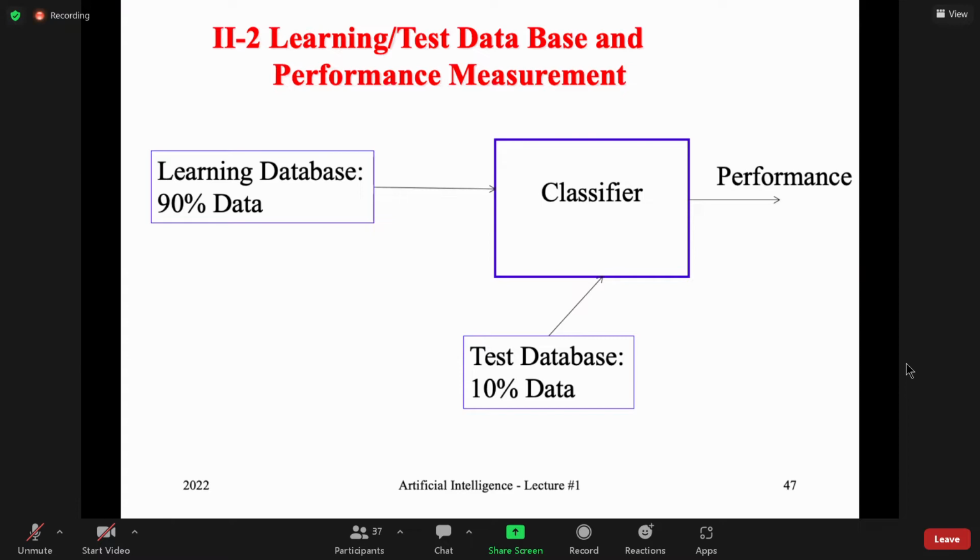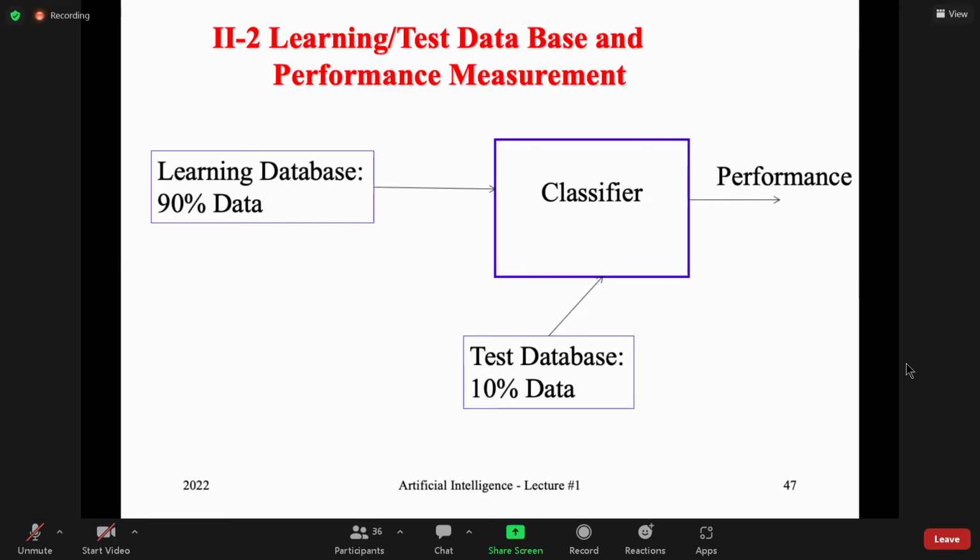Here we have the performance, with a simple example with triangles and rectangular objects. The performance was, for example, 100%. It's perfect. But in real life, it's not the case, because obtaining 100% success is very easy with very simple objects, but in real life we don't have simple objects.